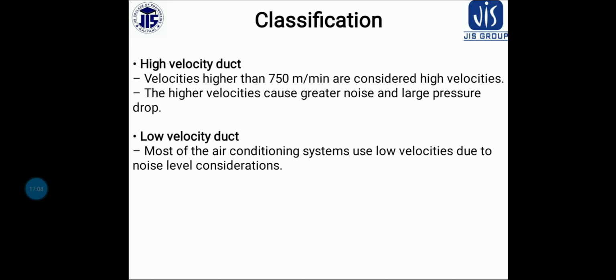In a high velocity duct system, the velocity of air is above 760 meters per minute. Return air ducts, wherever used, normally have low velocity, whether for a low velocity or high velocity system.